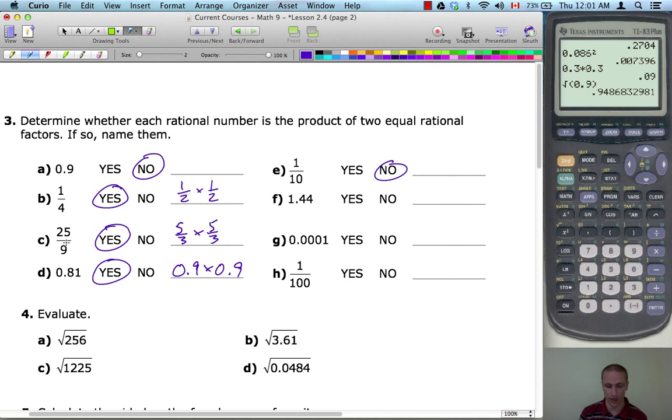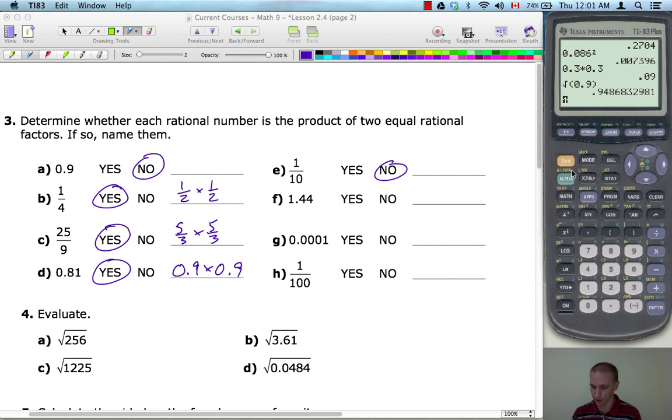You notice with the fractions, if you have a perfect square on the top and on the bottom, then it is the product of two equal rational factors. But 1 is a perfect square, but 10 is not a perfect square. So, and again, if you try to take the square root of 1/10, you end up with a decimal that goes on forever, doesn't repeat. This is an irrational number, so it's not the product of two rational factors.